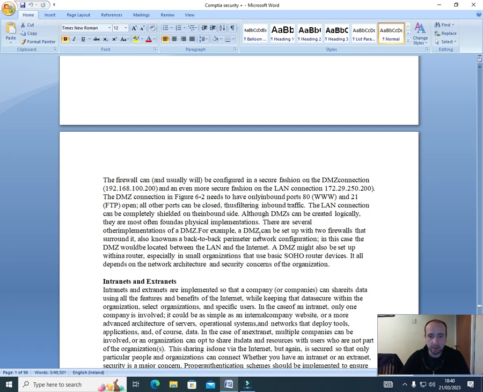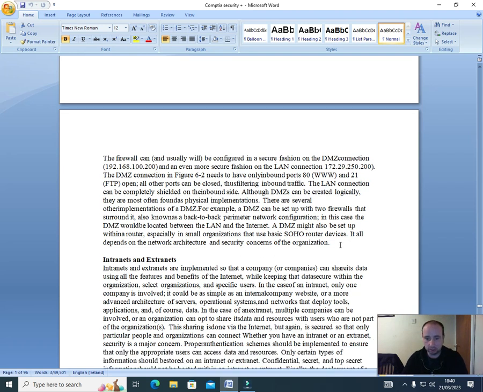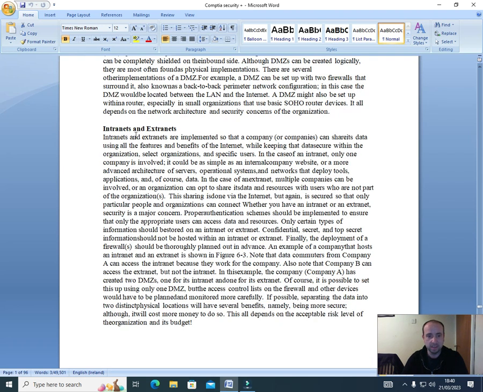For example, a DMZ can be set up with two firewalls that surround it, also known as a back-to-back perimeter network configuration. In this case, the DMZ would be located between the LAN and the internet. A DMZ might also be set up within a router, especially in a small organization that uses basic SOHO router devices. It all depends on the network architecture and the security concerns of the organization.